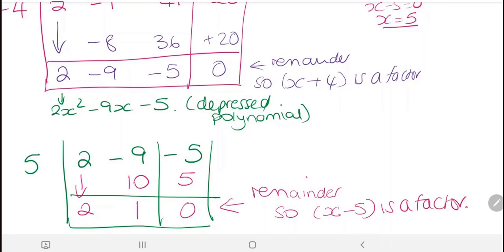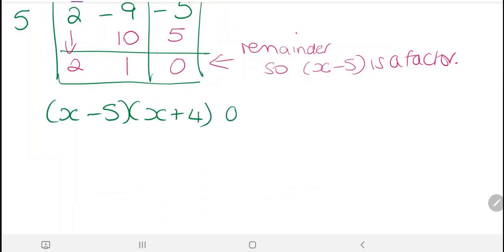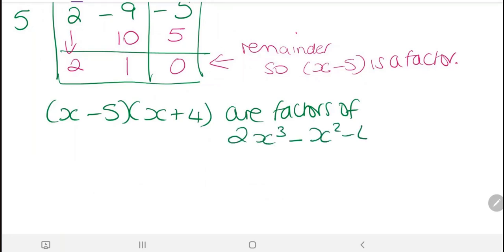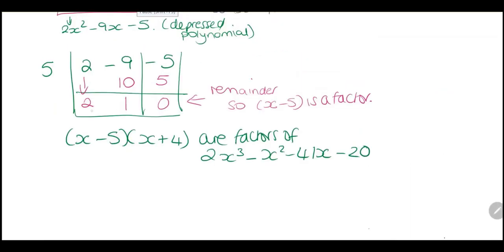So now we just need to check. We said x minus 5 and x plus 4 are factors of the original function 2x cubed minus x squared minus 41x minus 20. From our depressed polynomial, 2, 1, 0, this is going to be 2x plus 1.